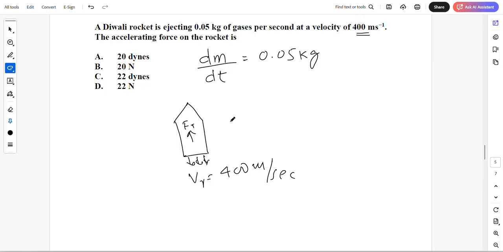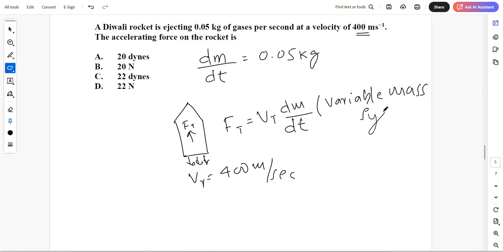Okay, that is given by what? Ft is equal to Vr into dm by dt. This is for a variable mass system, because mass is varying here.